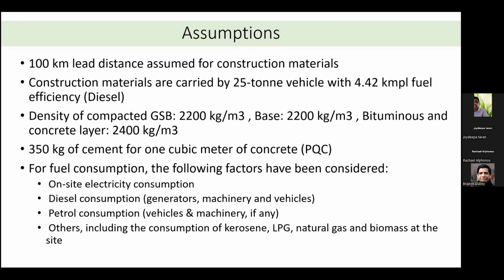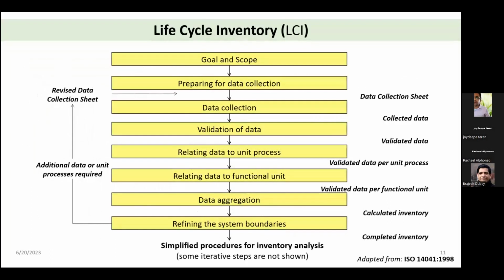So the mode of transportation can be changed, the distances can be varied, and different types of material can be varied. You have to consider each and every component here, and for any missing data, use the available assumptions, do theoretical calculations, and state that you have used a theoretical calculation. We'll see an example of how to do that.